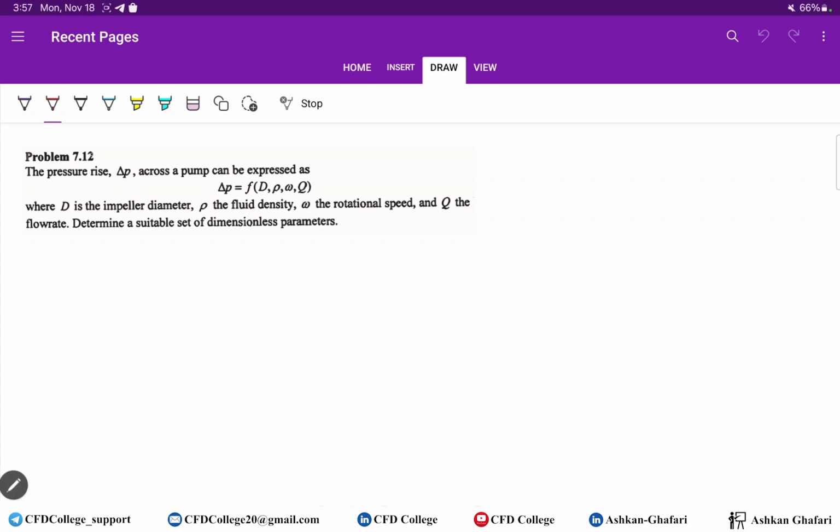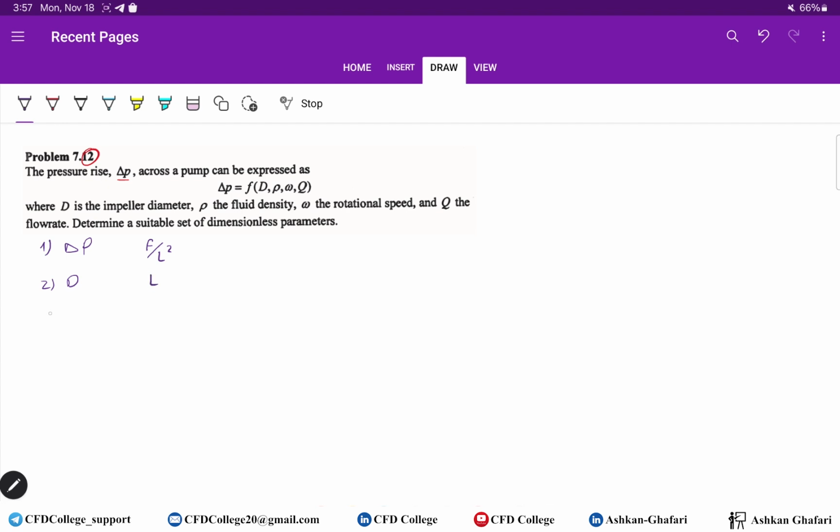Problem number 12 of chapter 7. The pressure rise delta P across a pump can be expressed as a function of impeller diameter, fluid density, rotational speed, and the flow rate. Determine a suitable set of dimensionless parameters. So first, making the list: delta P, the dimension is F over L square.